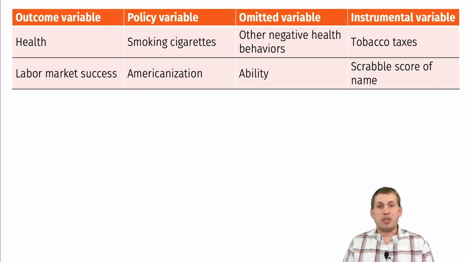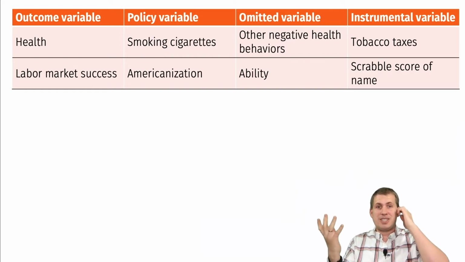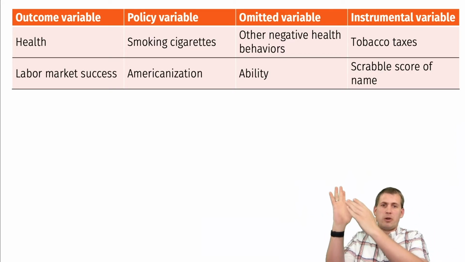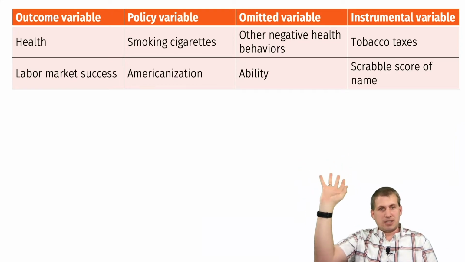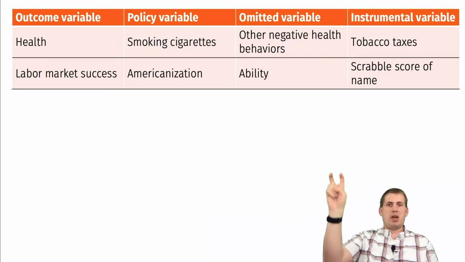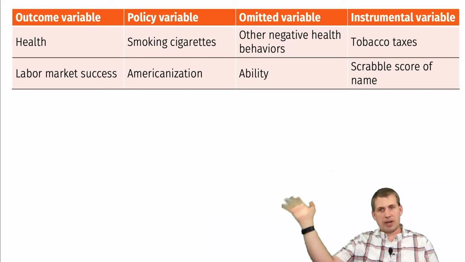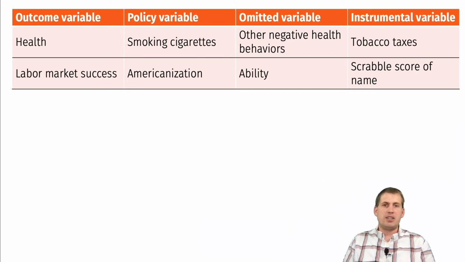That's really hard to measure, first of all. There's a whole host of unmeasured confounders like ability, and a whole bunch of other reasons why somebody would or would not Americanize as an immigrant or have labor market success. And so there's a whole world of omitted variables there.